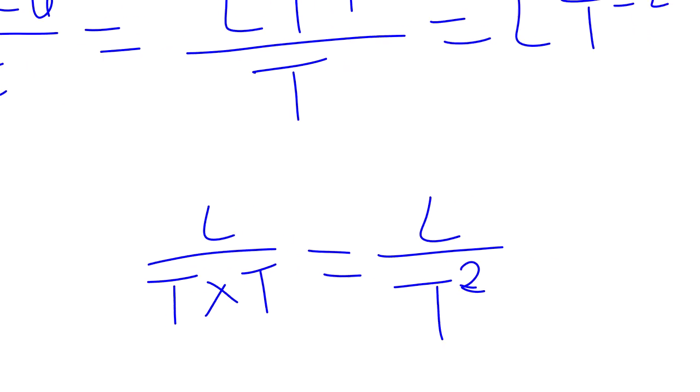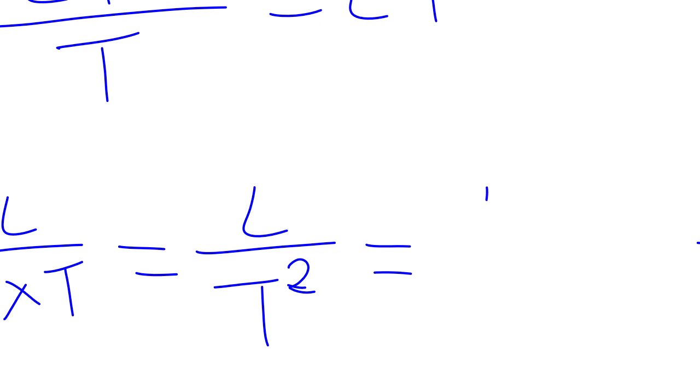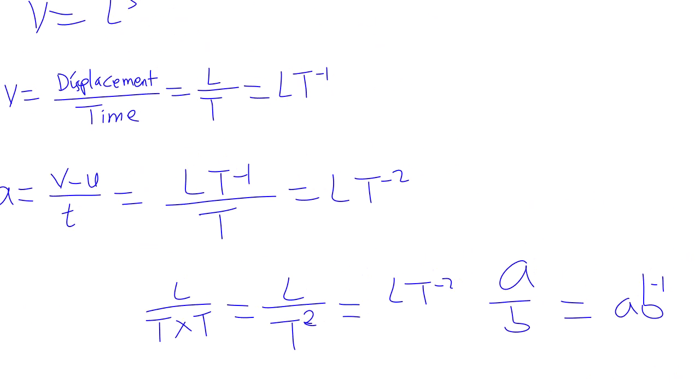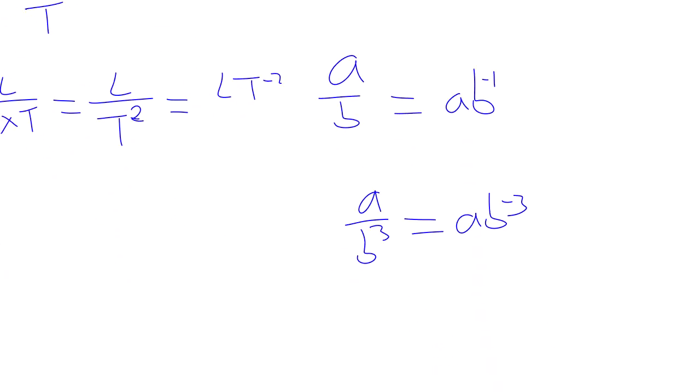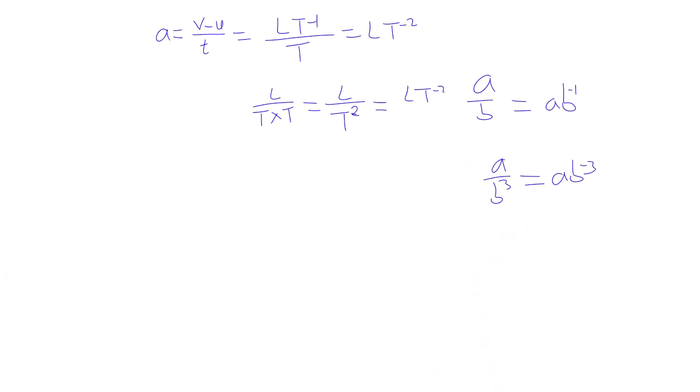And for you to write all this in indices form, you just say L T raised to the power of minus 2, as we gave example here. So that's just it.